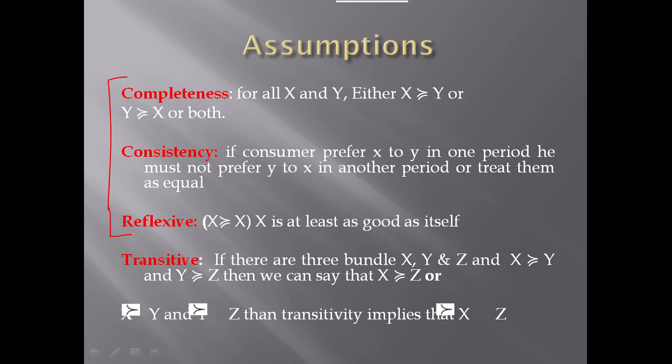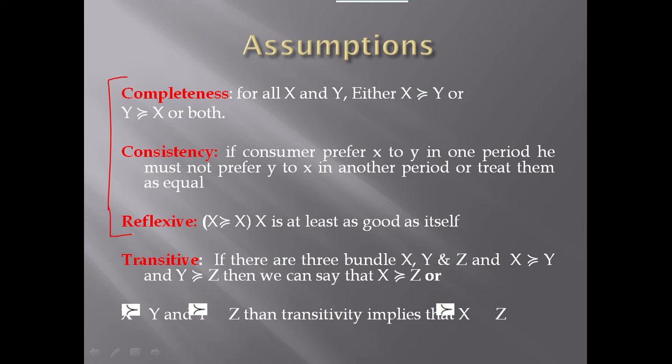Consistency requires consumer choices must be the same in the same situations, in the same scenario. An individual behaves in the same manner when he or she faces the same situation. His consumer behavior must be consistent.